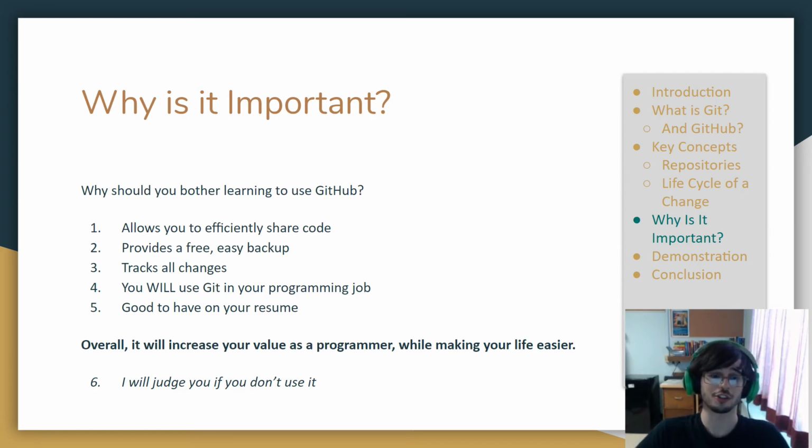Additionally, it's good to have it on your resume and be able to talk about it in interviews. Some higher level jobs, they probably expect you to have some experience with Git, or else they'll expect you to pick it up very, very quickly on the job.